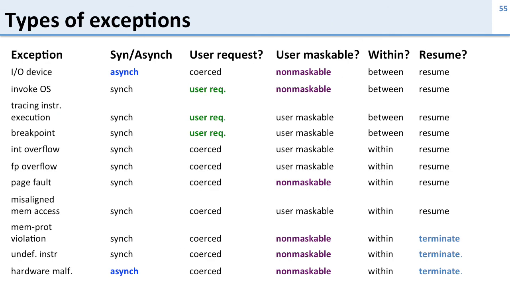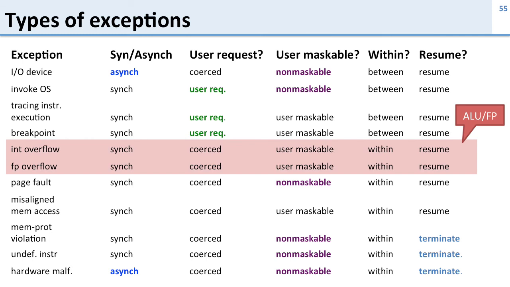So let's take a look at a whole bunch of exceptions here. So here are a bunch of different exceptions: I/O devices, going into the operating system, breakpoints, page faults, etc. Let's take a look at a few of them. So here's integer overflow and floating point overflow. These are exceptions that happen in the ALU when you're doing math, or the floating point unit. And if you look, these are going to be synchronous. That is, they're always going to happen at the same instruction.